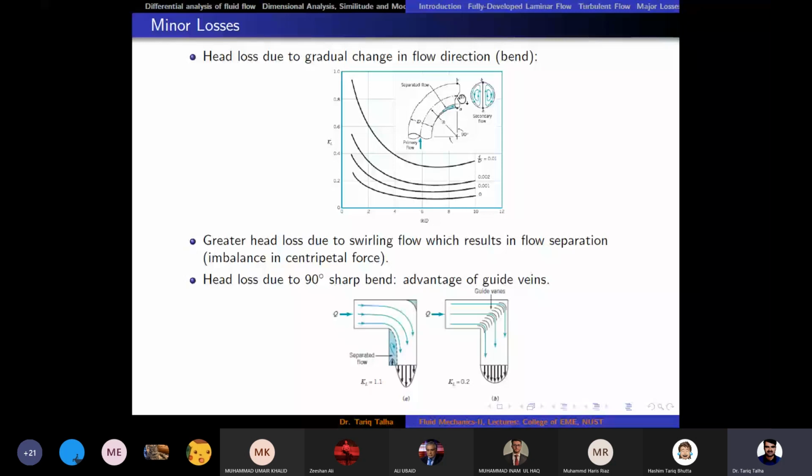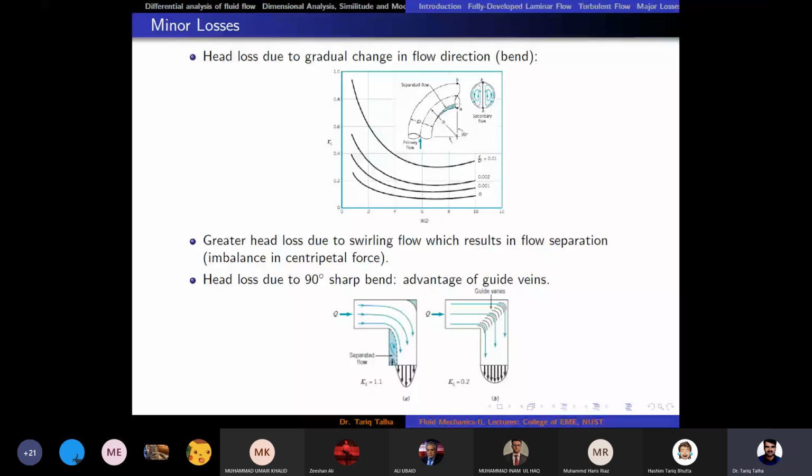In those cases, there would be some kind of flow separation on the inner surface. You can see the shaded region due to imbalance of centrifugal forces. So we would have flow separation on the inner side, and when there is flow separation, there would be viscous dissipation, and due to that, some losses.